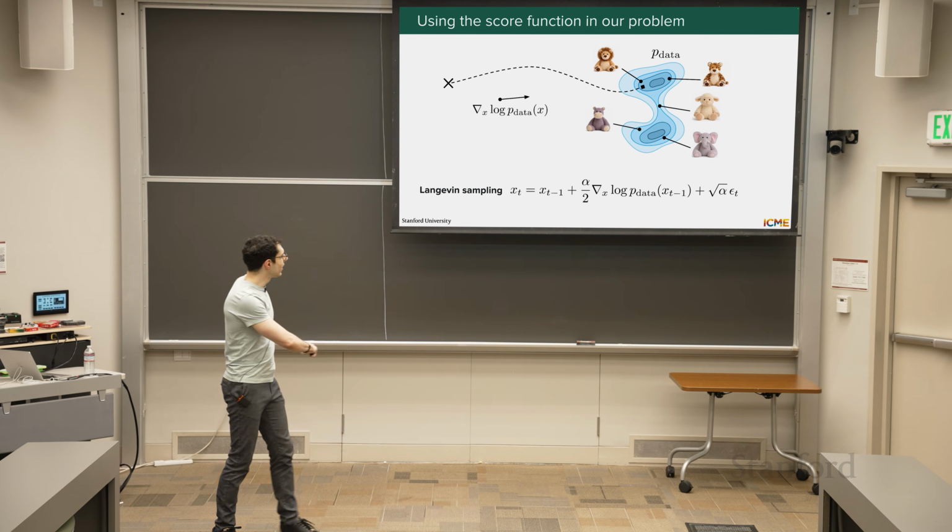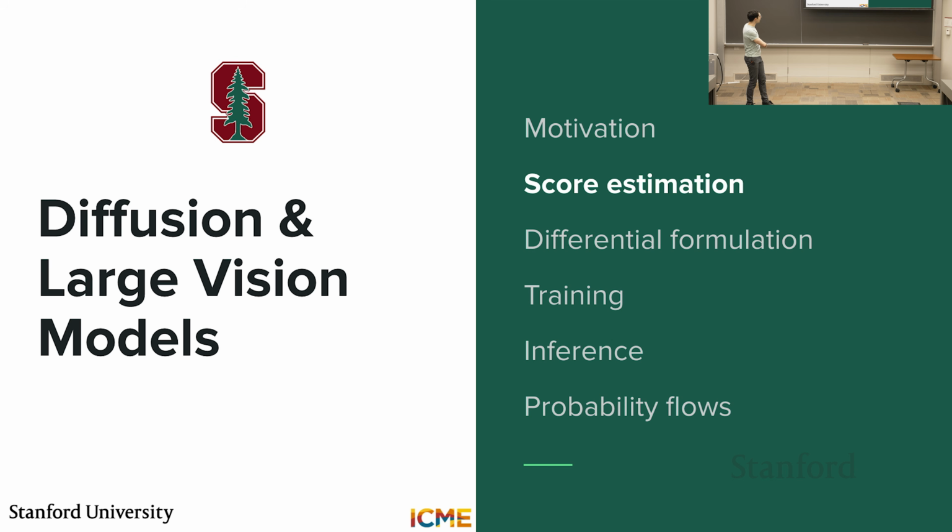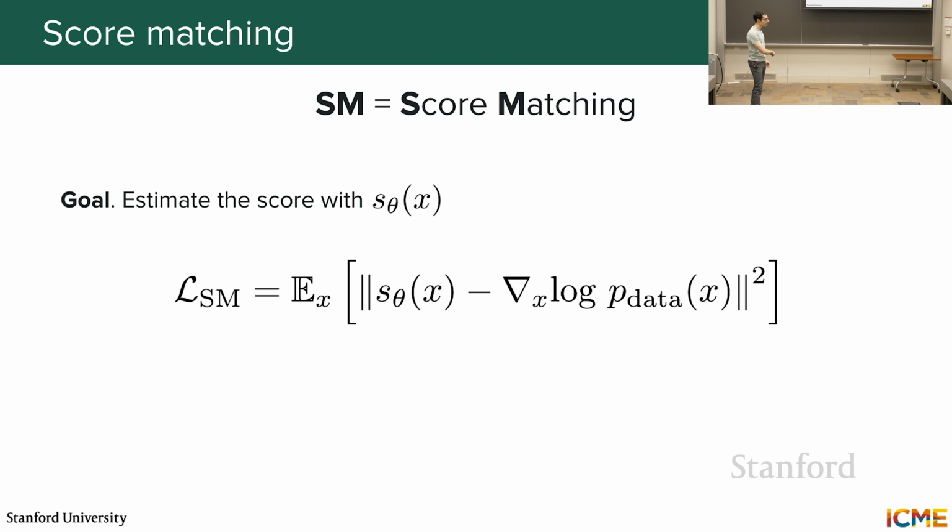Cool. Great questions. And with that, for now, I assumed that we knew how to get the score, but the reality is we don't. So we're going to spend this first part just trying to see how we can estimate the score. And it is actually not an easy problem, and we're going to see why.